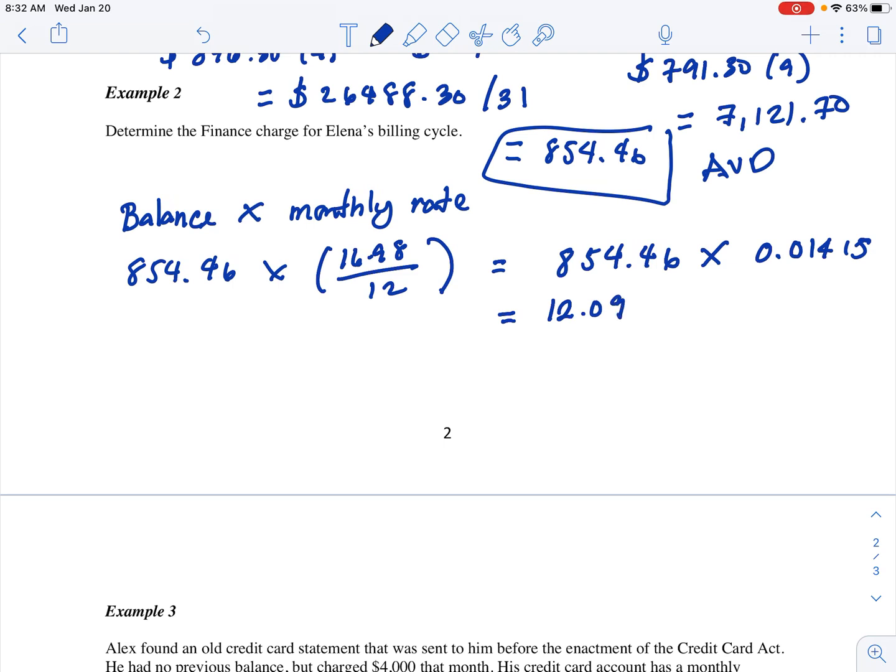Okay, so the finance charges for that month is $12.09. You know, it's a lot of money going out. Imagine when it gets to even more thousands. So $12.09. All right.